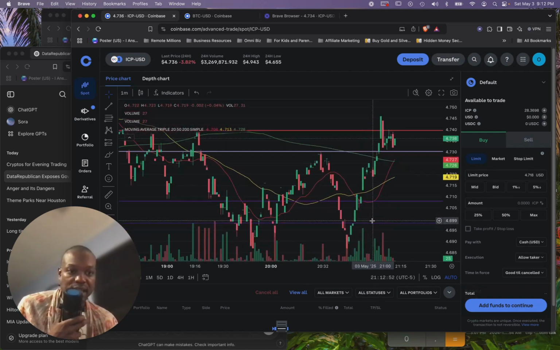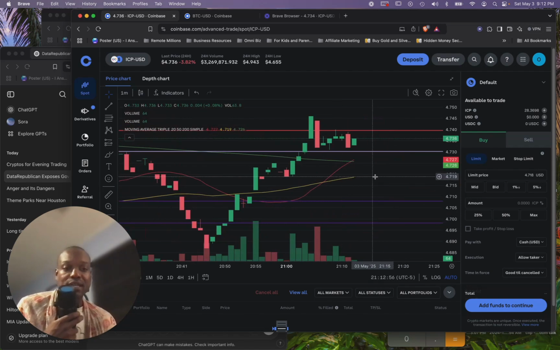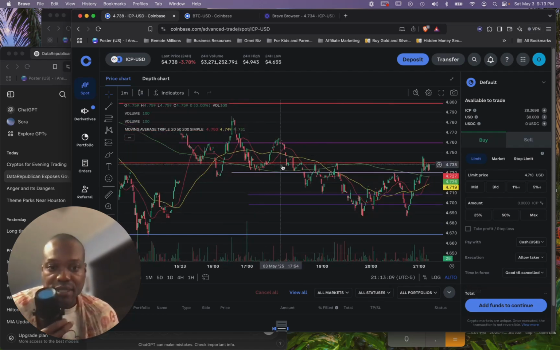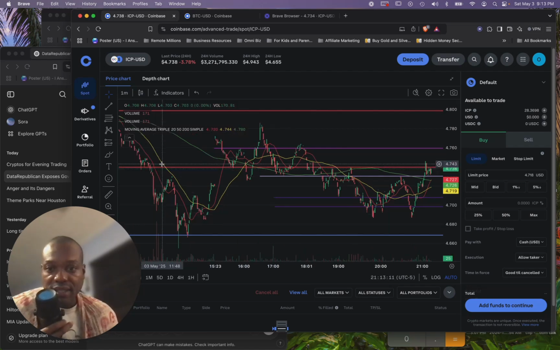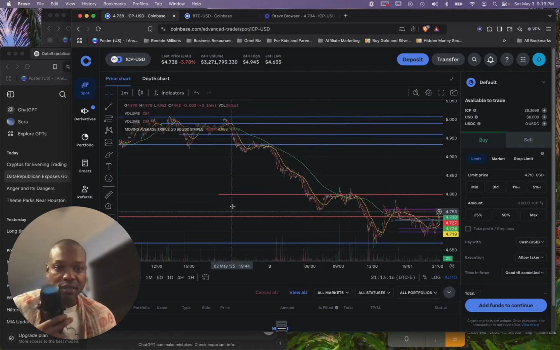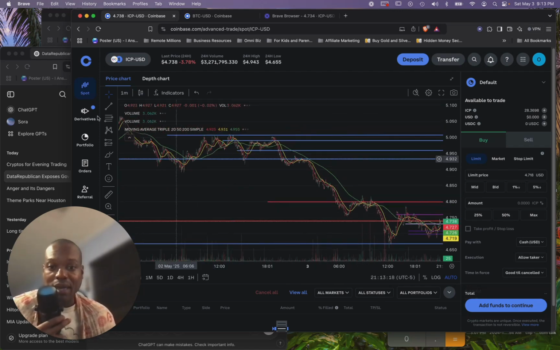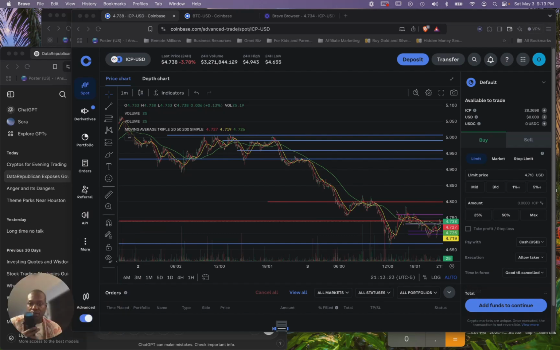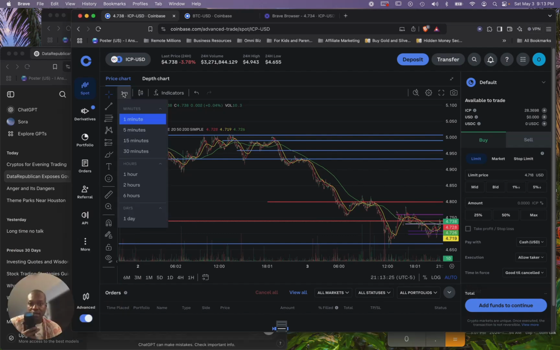But since it's not, now I see, okay, it went above that line, and this is here because it was a natural resistance, and I got that from the past. I got that from these past understandings, and I went far back because I couldn't find one here. So I went all the way back. That's why I mean how important it is to read the past to understand the future.